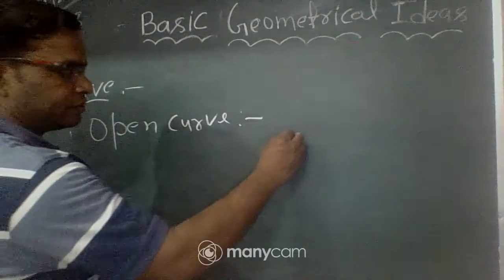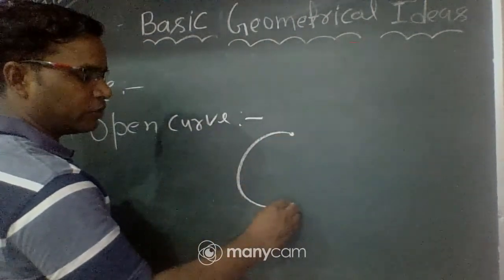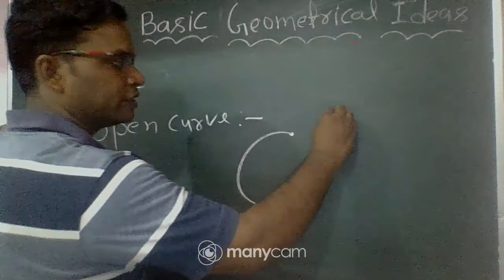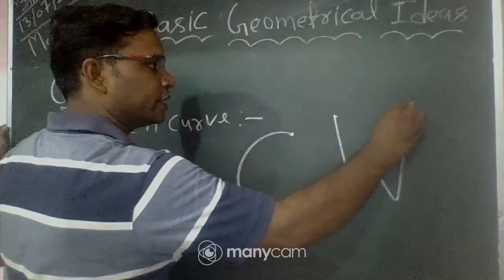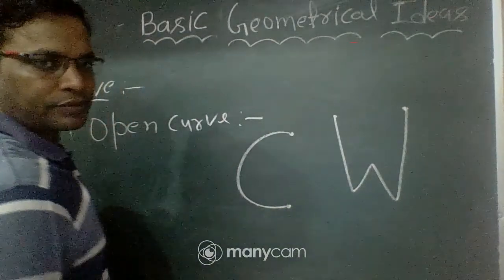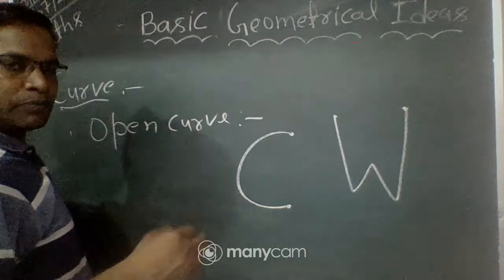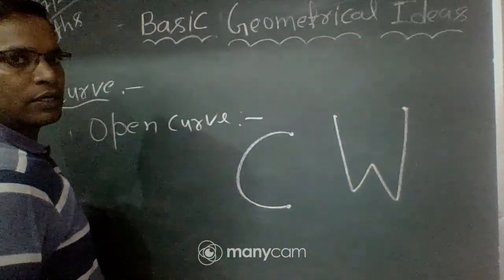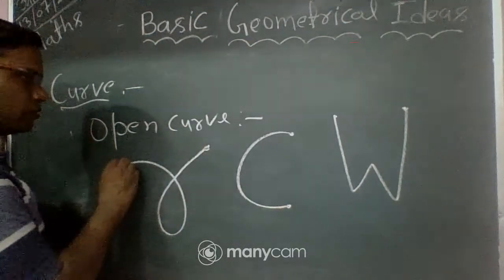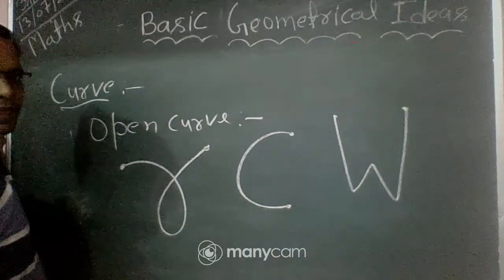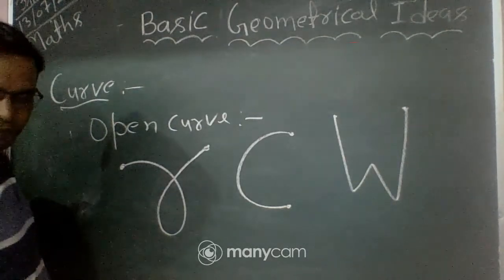Like this, you can see we start here, this is the beginning point, and this is the end point. The curve which has different beginning point and end point is called an open curve. Like this, this is an open curve. I hope all of you understood what an open curve is.